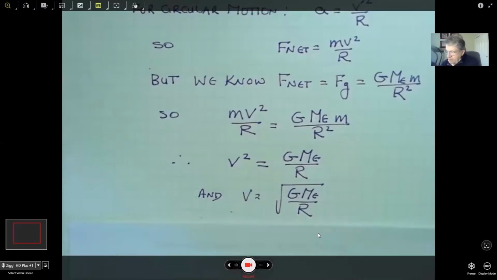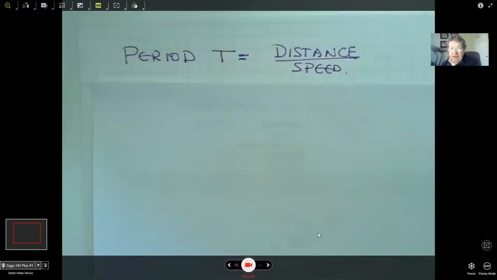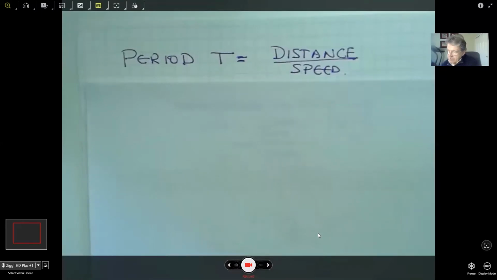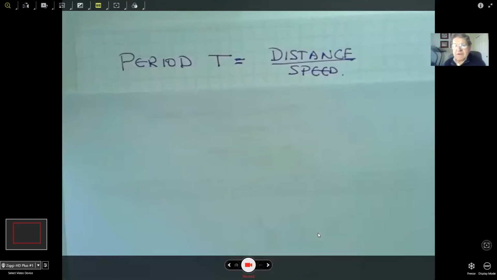But the question is asking what's the period. We now have an expression for the speed, and we're going to use that to calculate the period. The period is just the time it takes for the satellite to make one complete orbit. Because it's going at constant speed, the formula for the period is just the distance traveled divided by the speed of motion.